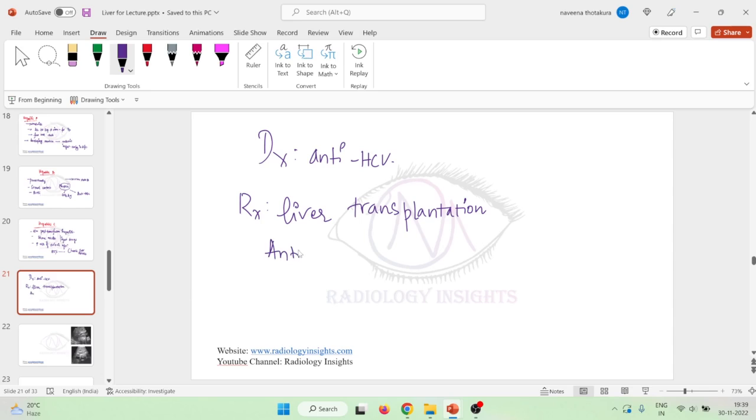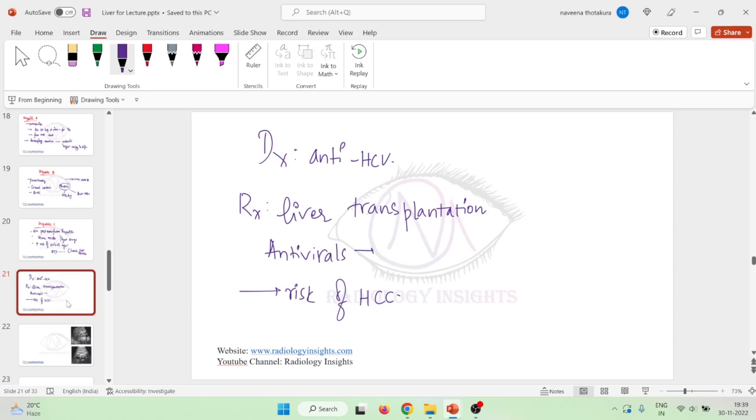Recently, scientists have also developed some important antiviral drugs for hepatitis C, and these antiviral drugs are showing good improvement. And hepatitis C also carries a risk of development of hepatocellular carcinoma in these patients.